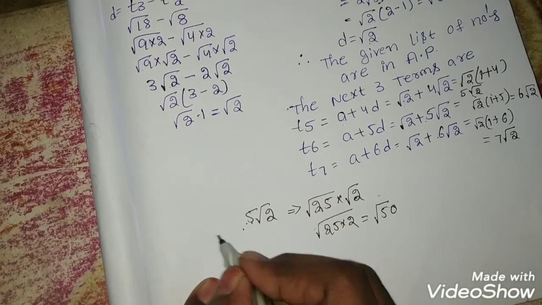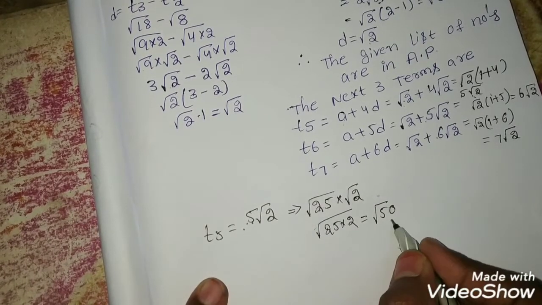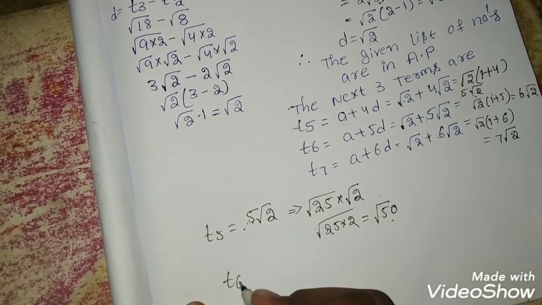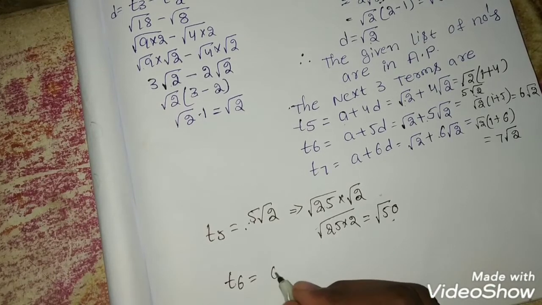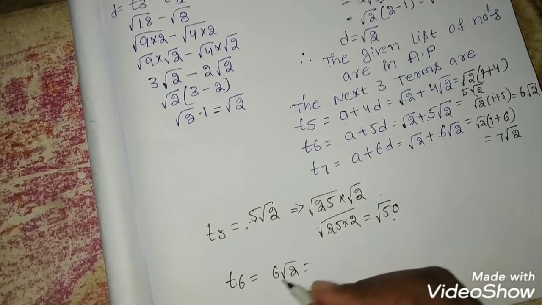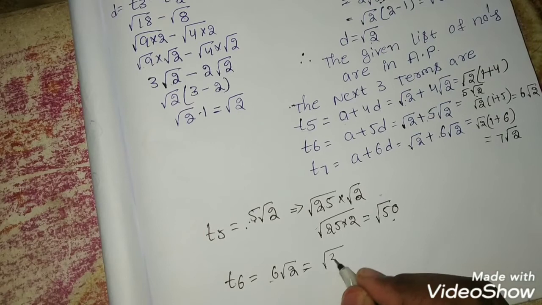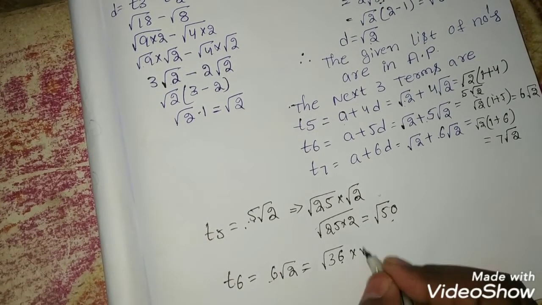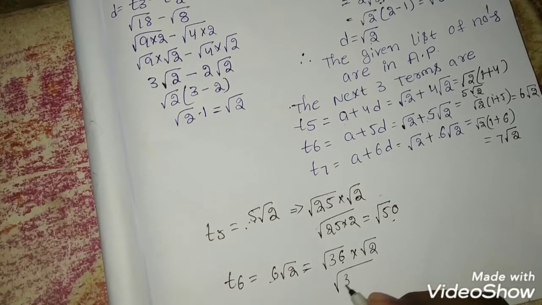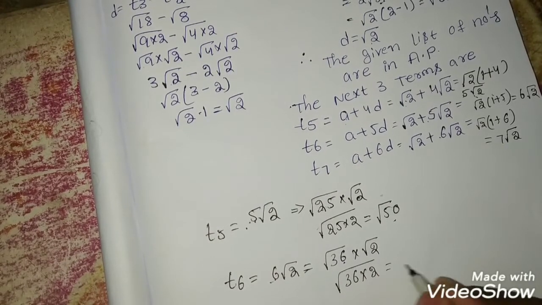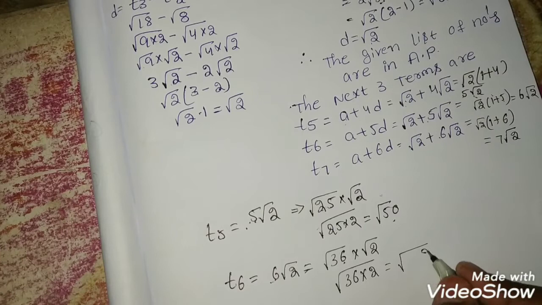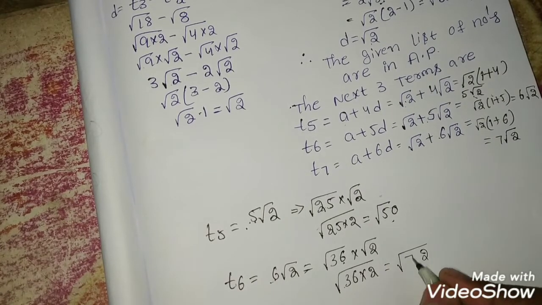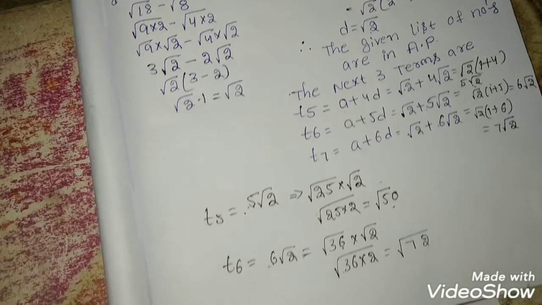So our term 5 is root 50. What about term 6? Term 6 is 6 root 2. So 6 can be written as root 36 because 6 into 6 is 36. Root 36 into root 2. What is 36 into 2? 2 sixes are 12, 2 threes are 6 plus 1, 72. So we get term 6 is root 72.